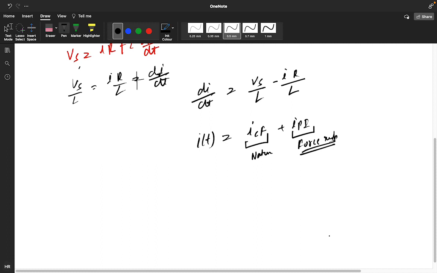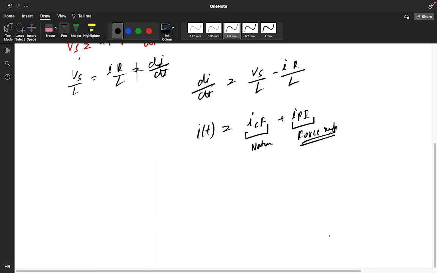I hope you know a little bit of maths for finding this kind of solution. So what do we do for finding the complementary function?